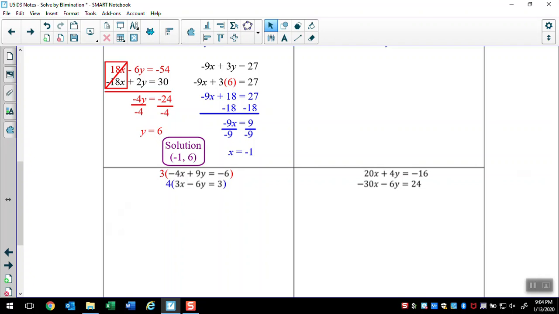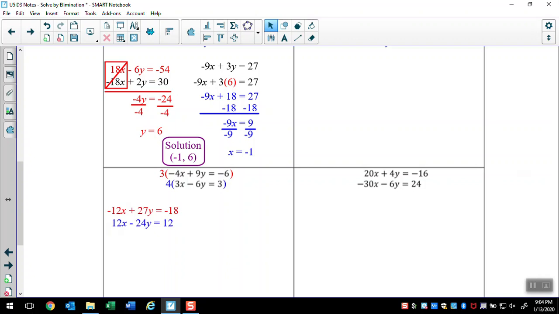I want the top one to stay negative and the bottom one to stay positive. So I don't do anything with signs. When I distribute the 3, I end up with negative 12x plus 27y is equal to negative 18. And when I distribute the 4, I end up with 12x minus 24y equals 12.